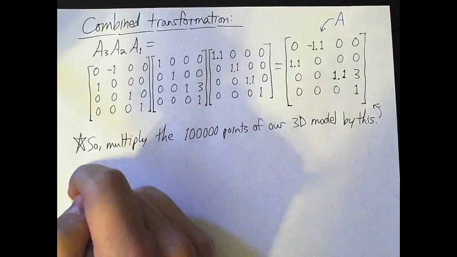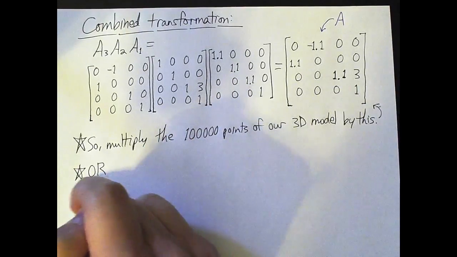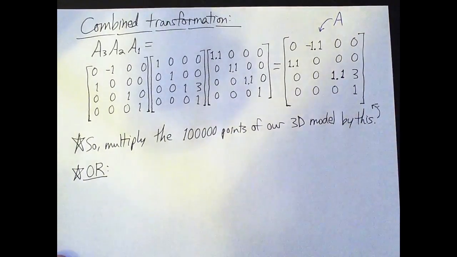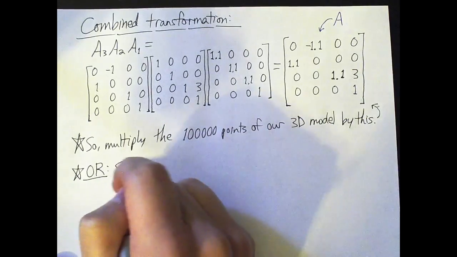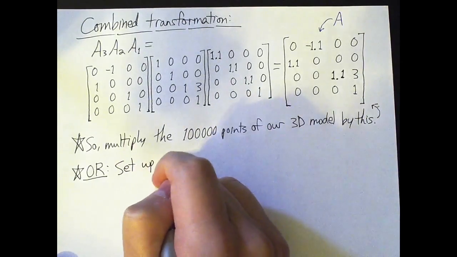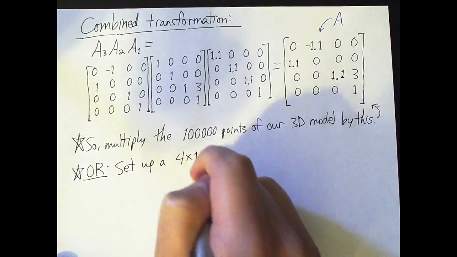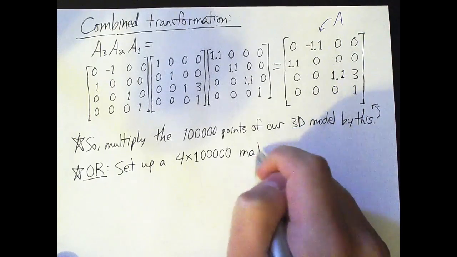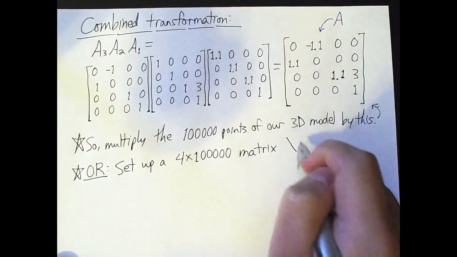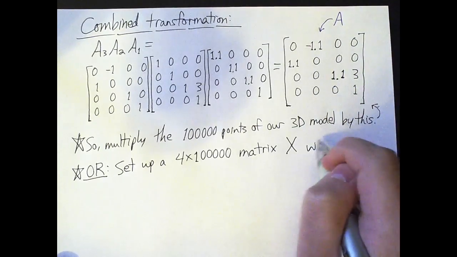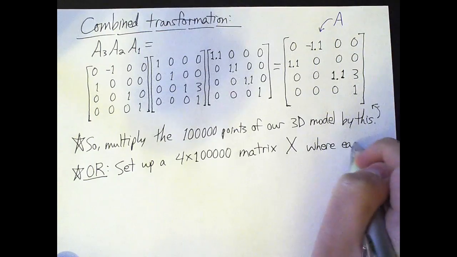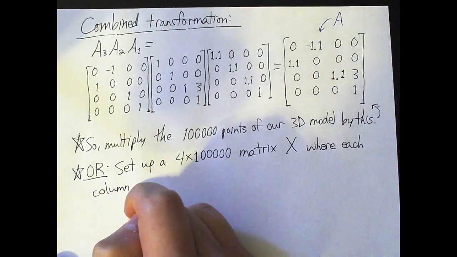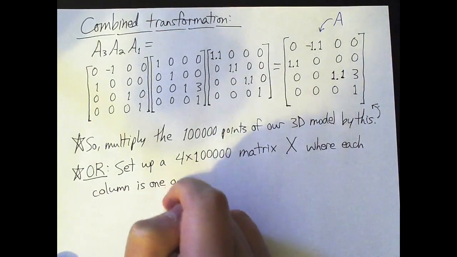How about this? There's actually a nicer way to do this, maybe. Set up a 4 by 100,000 matrix, capital X, where each column is one of the points.